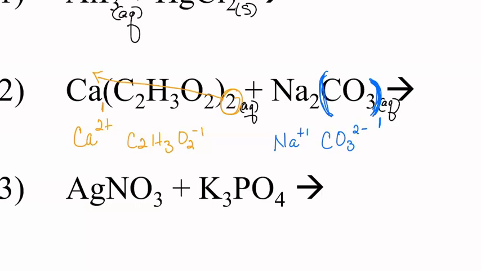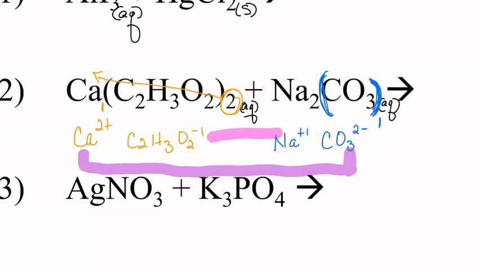Okay, in a double replacement reaction, remember that there's a switch of partners. This calcium is now going to be paired with your carbonate. The sodium is going to be paired now with the acetate.